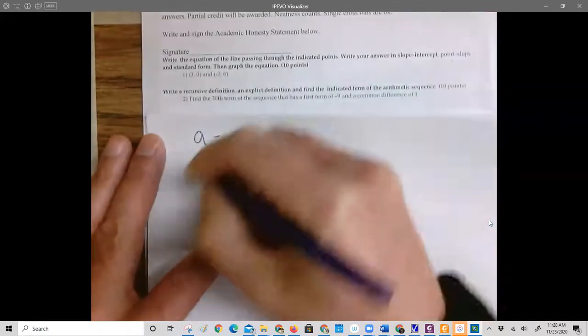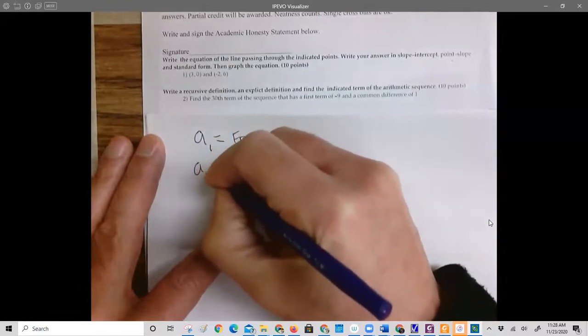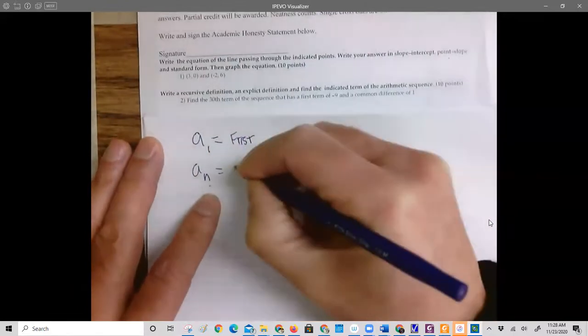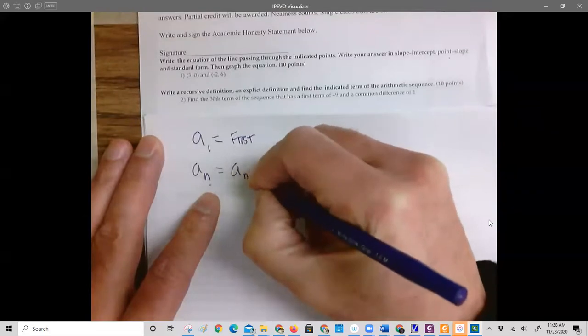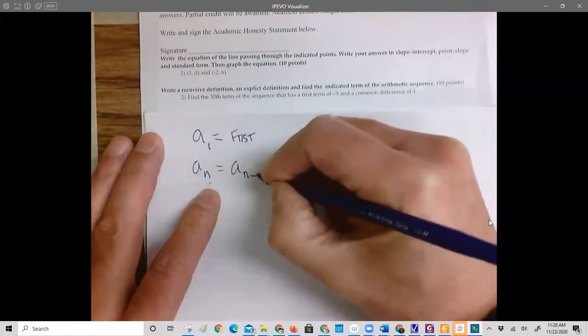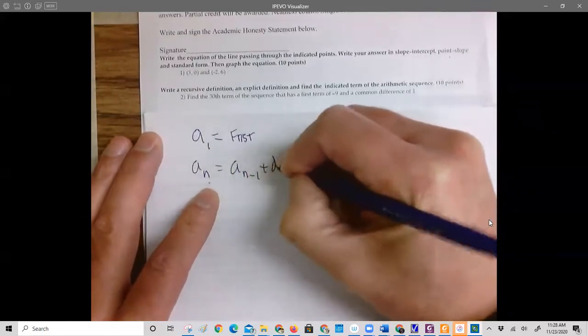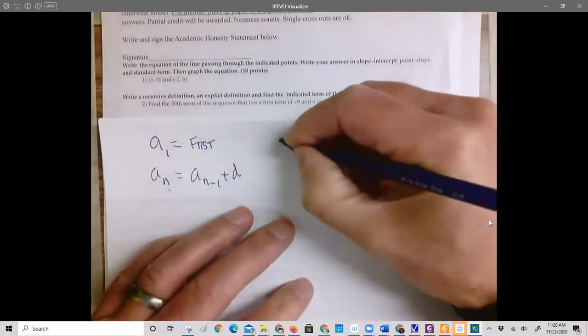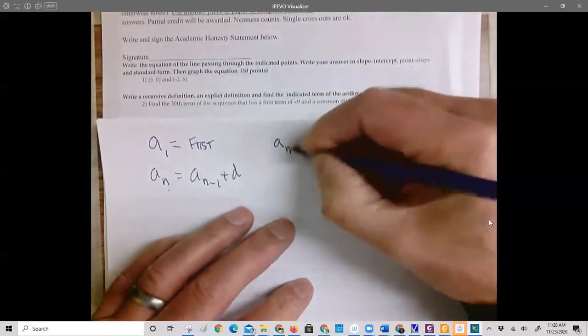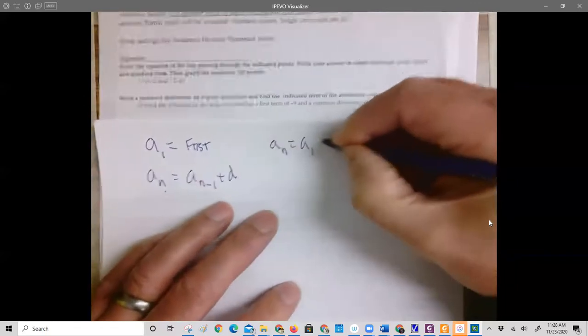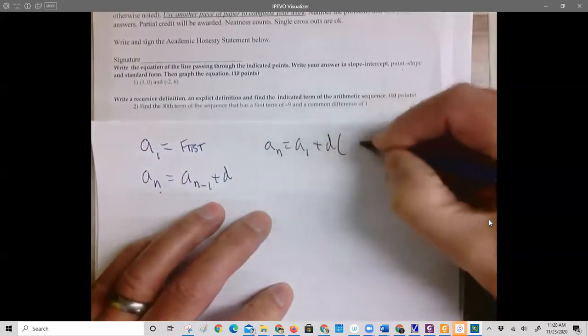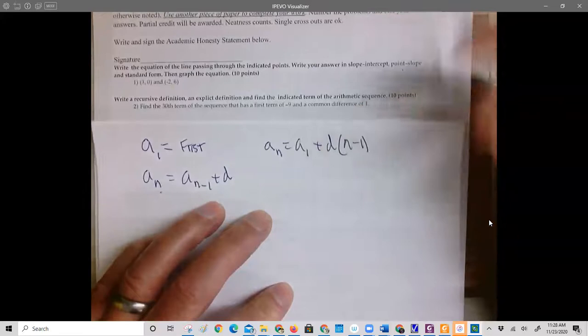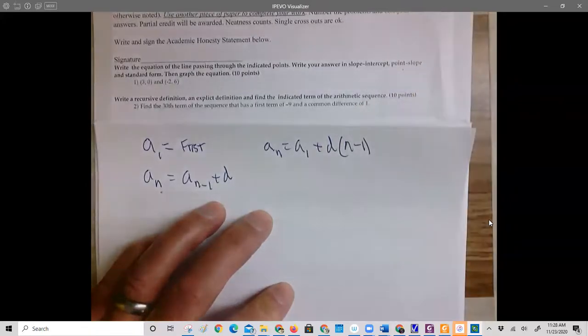And then a sub n, to get the next term, we take the last term and add the common difference. The explicit formula is to get the term you want, you take your first term plus the common difference times n minus 1, where n is the number of terms.